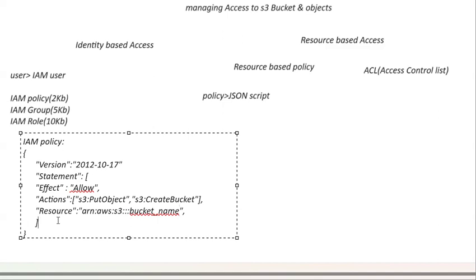You are even allowed to write conditions under this policy as well. Let's say I want to allow this IAM user only when the user is present in a certain IP range. If you want to write that condition, then you can write Condition like this.